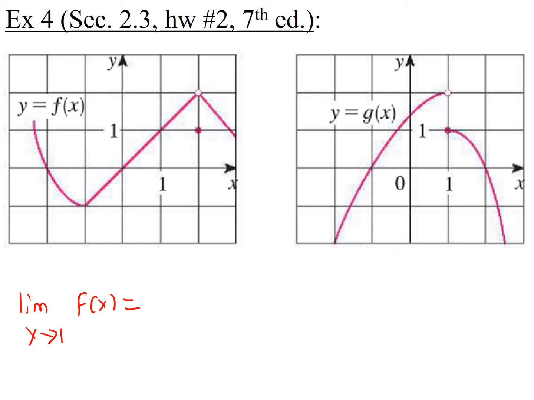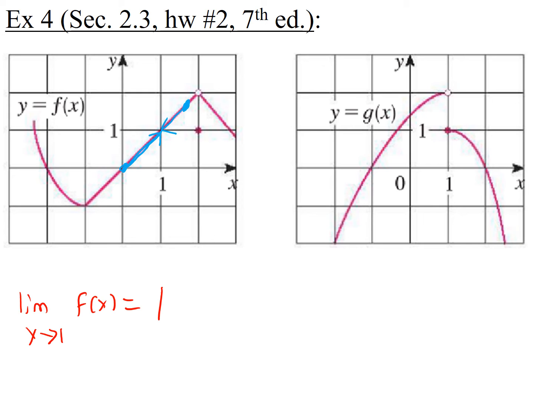The reason is because, again, if you start on the left of 1, let's say we start somewhere here, and we head towards x equal 1, moving along the graph. We're headed towards that spot there. It looks like the outputs are headed to 1. If you start on the right side of 1 on the graph, and again head towards x equal 1, from both ends, it looks like the outputs are headed to 1. So this limit is 1, no problem. Limit as x goes to 1 of f exists.